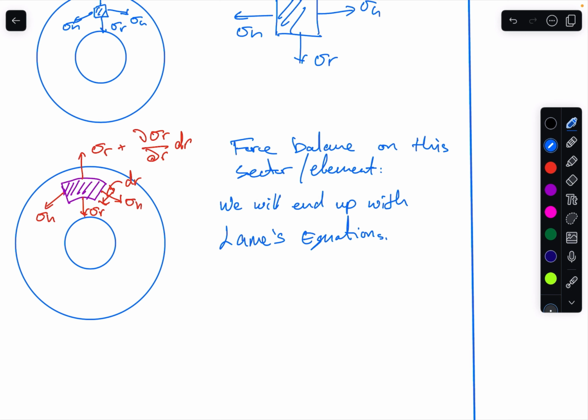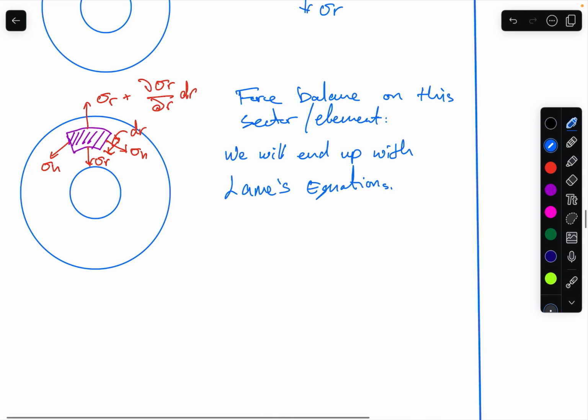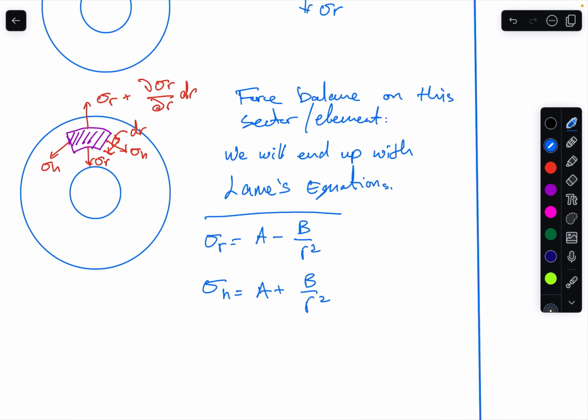There's a bunch of maths that I don't want to get into. Those equations are sigma r equals a minus b over r squared, and sigma hoop equals a plus b over r squared. These here are what I call Lame's equations.